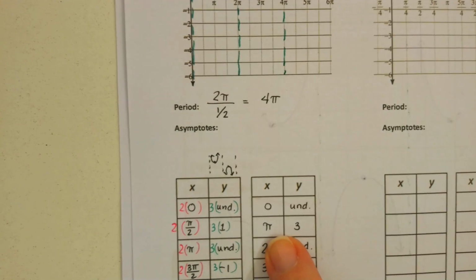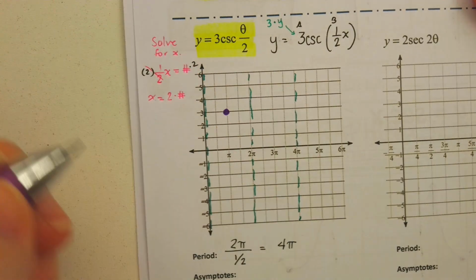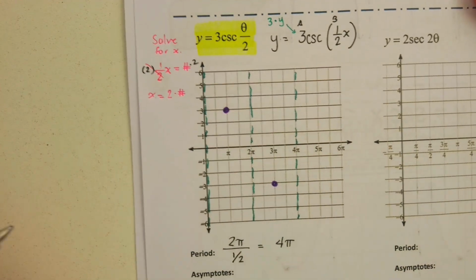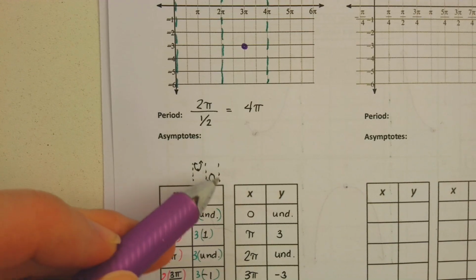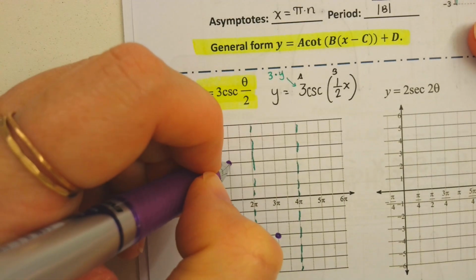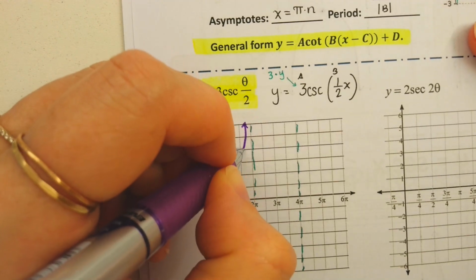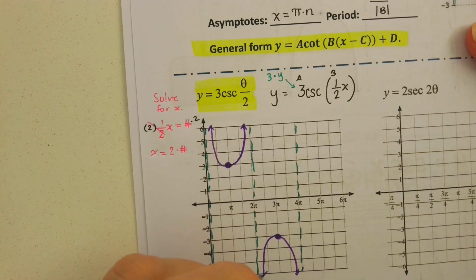I have pi, we're at 3. And then at 3 pi, we're at -3. And then all you got to do is just remember the general shape of this. We have a right side up facing U shape on the left, upside down U shape on the right. So take this, make a little U shape on the left. And on the right one, make another little U shape.